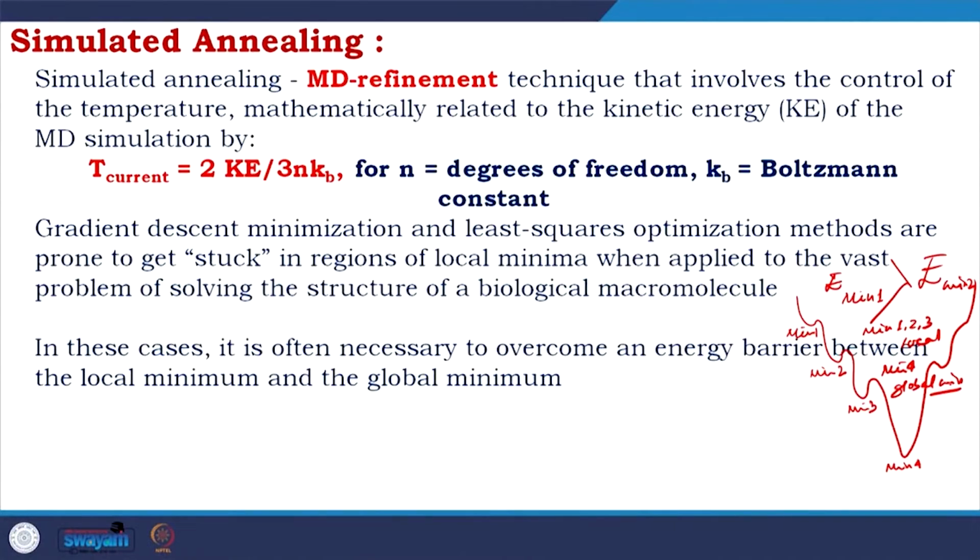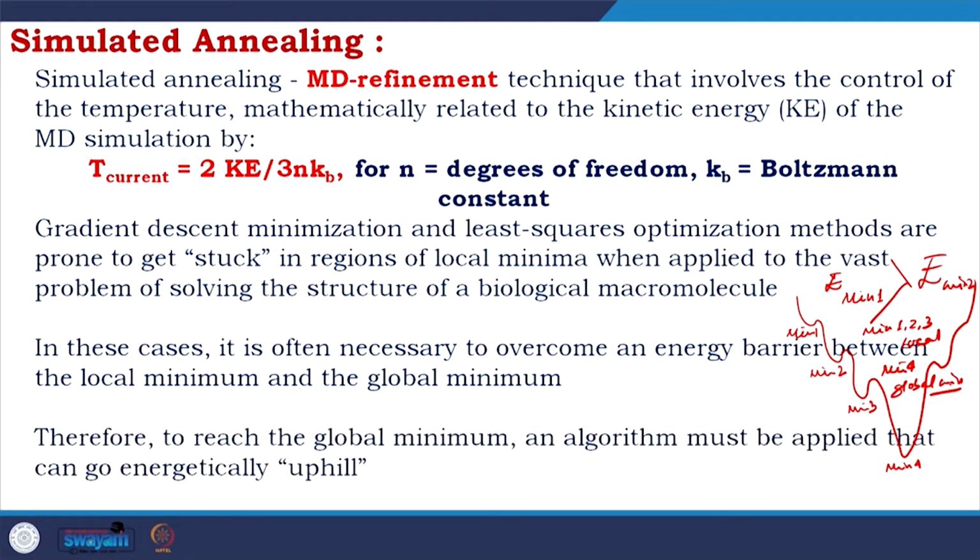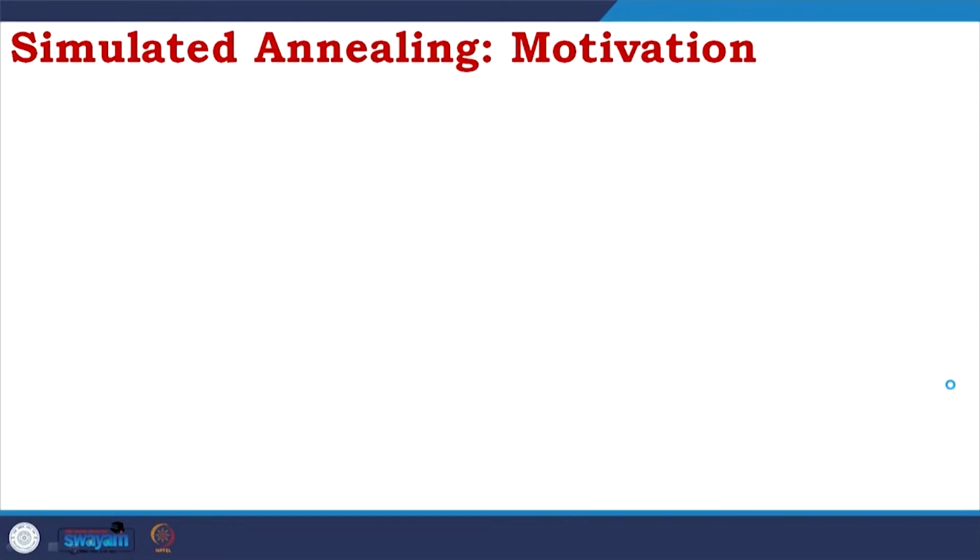In these cases, it is often necessary to overcome an energy barrier between the local minimum and the global minimum. Therefore, to reach the global minimum, an algorithm must be applied that can go energetically uphill. The motivation of simulated annealing is the physical annealing process, meaning heating.